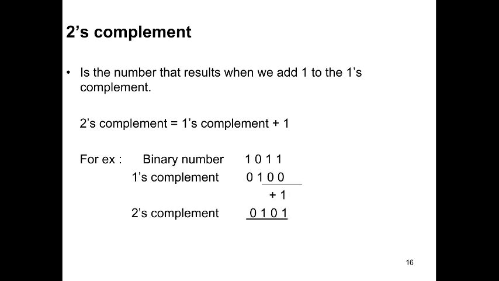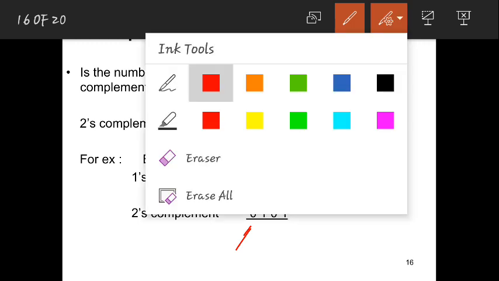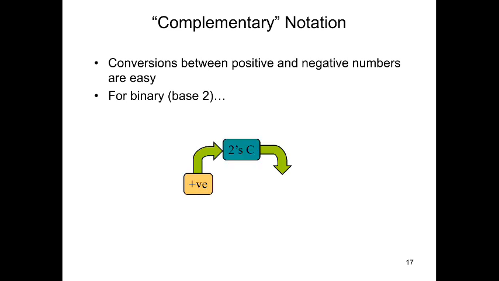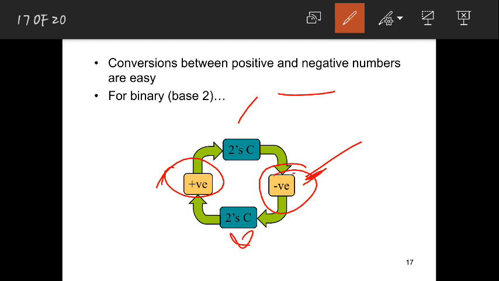In this 3-bit example, this was negative and this was positive, so your sign always differs. Whenever you take a positive number and do 2's complement to it, you get a negative number, and if you do 2's complement to that negative number, you get the positive number.